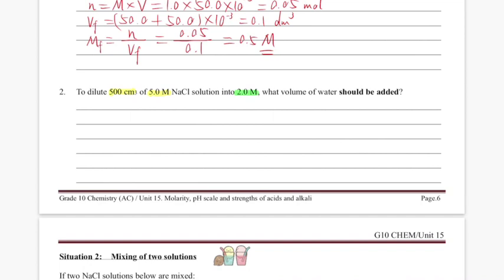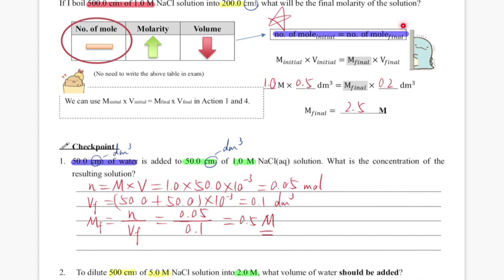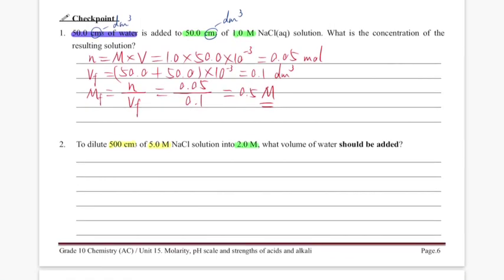So remember the equation that we have used here, I highlighted. Because the number of moles of solute remains the same, we can use this equation. So we apply that equation here.